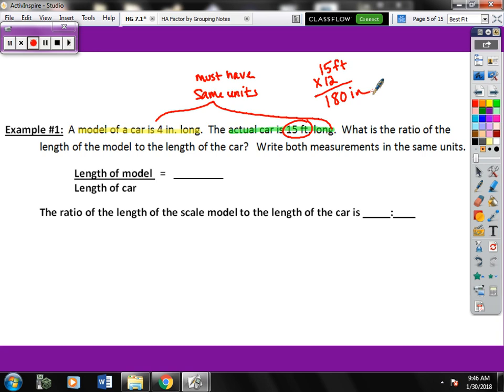Okay, so what is the ratio, and this is the part you have to pay attention to, of the length of the model to the length of the car? So I've already set it up for you, but normally that won't be there. So you want to make sure you put them in the correct order. The "to" is like where you would put the ratio symbol or where you put your division bar. So you want the length of the model on the top, and you want the length of the actual car in the bottom.